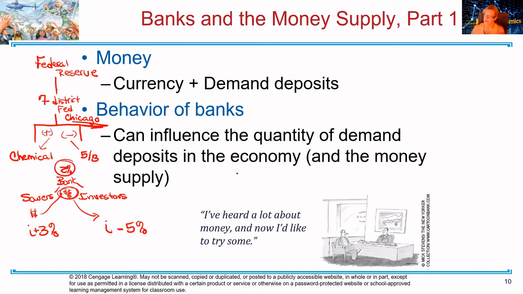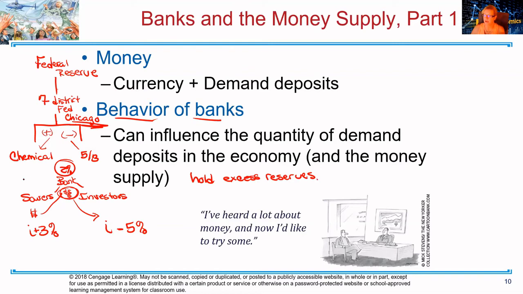Now, what's interesting about this is that the behavior of banks can influence the amount of money, because some banks, and particularly after the Great Recession of 2008, want to hold excess reserves. So what does that mean? What that means is that if a bank holds excess reserves, they're not turning around and loaning everything back out.